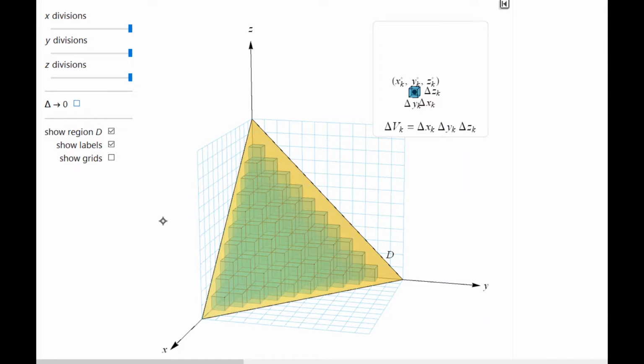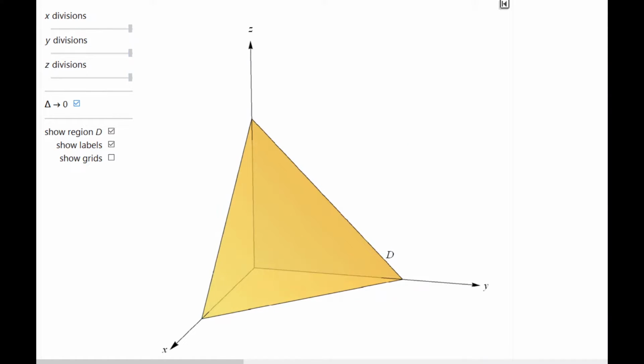As delta goes to 0, we end up getting the region or domain of integration being completely fit by these now infinitesimal rectangular prisms.